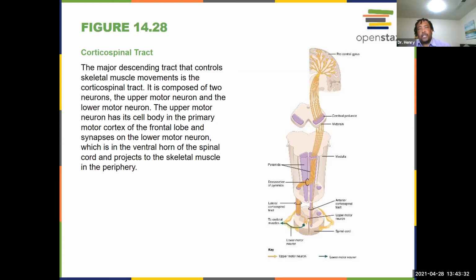We have this particular axon, that upper motor neuron, connecting to that lower motor neuron, right? So it's composed of just two neurons, the upper one and the lower one.